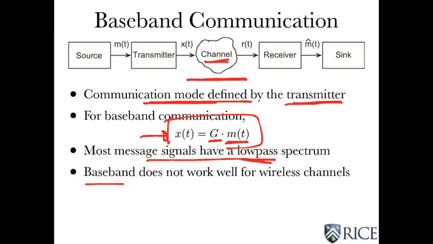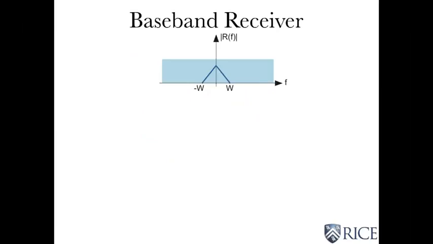So the goal is going to be to figure out a receiver that goes with this transmitter and to figure out the signal-to-noise ratio in the recovered message. All right, so here's what's coming out of the channel, in the frequency domain. I'm assuming, like I always do, that my message signal has this triangular spectrum, just a habit of mine.